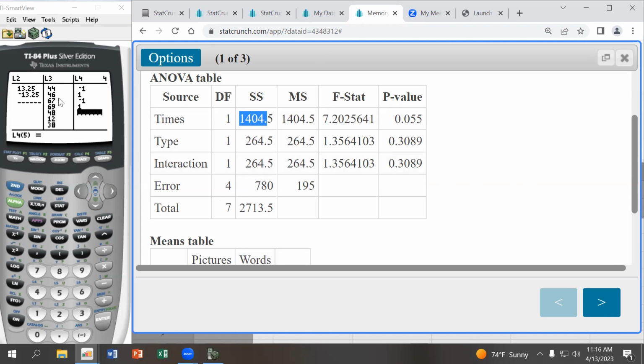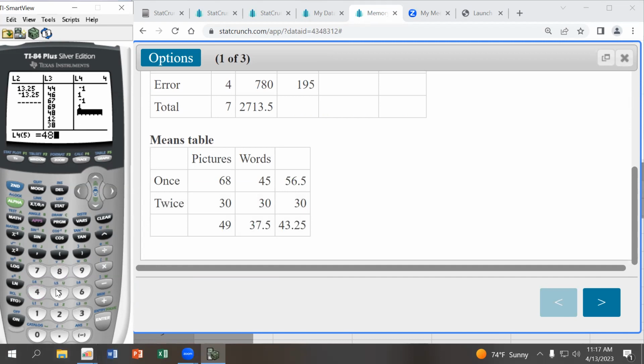So we did it for the first row. We want to repeat it for the second. So 48 and 12 belong to one cell. 48 minus the cell's mean 30. 12 minus the cell's mean 30.